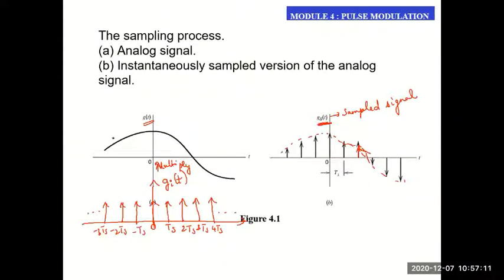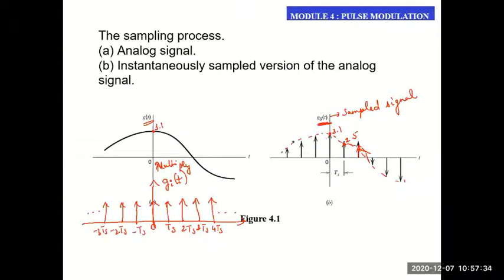So we have discretized this analog signal in the time domain, but in the amplitude domain, I can have any amplitude. Say the amplitude at this point was 3.1 volt. Here also it will be 3.1. And if this is say 2.5, here also it will be the same.